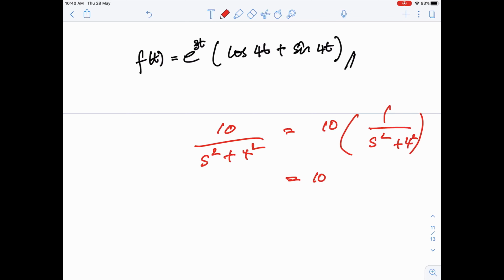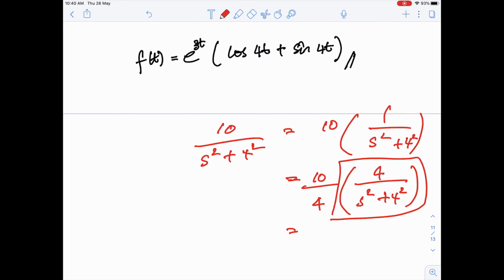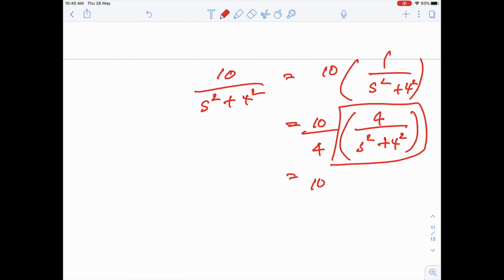You need to put 4 here as a, and then divide by 4. So according to this, you will get directly from the table: 10 over 4 is actually the constant, and here you will get sine 4t.